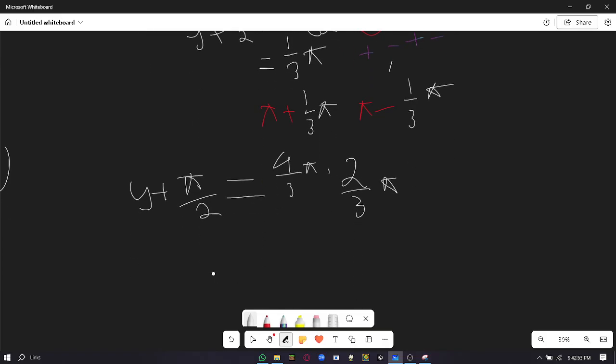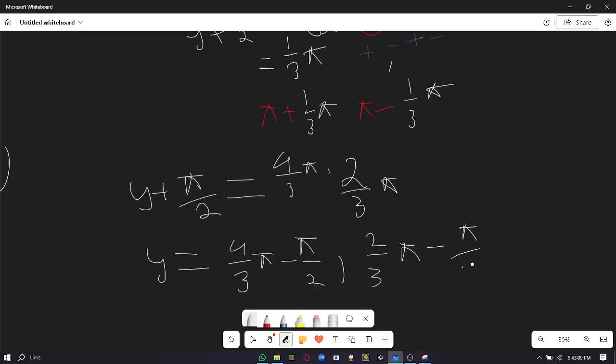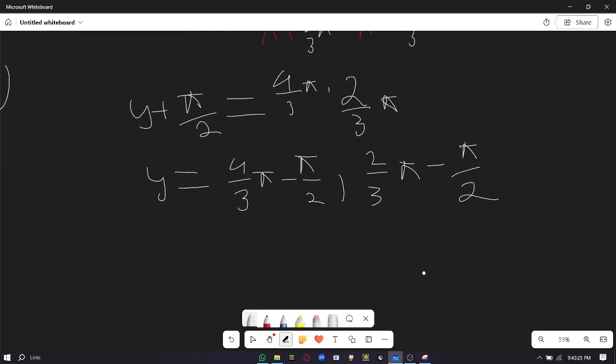So y is just subtracting pi by 2 from this: 4 by 3 pi minus pi by 2, and 2 by 3 pi minus pi by 2. 4 by 3 pi minus pi by 2 we get 5 pi by 6, so we are right with the first answer.